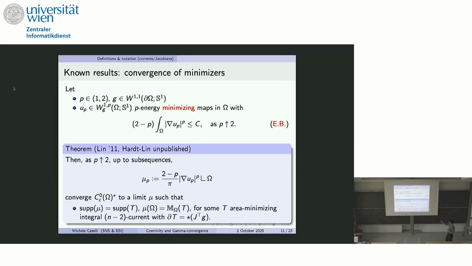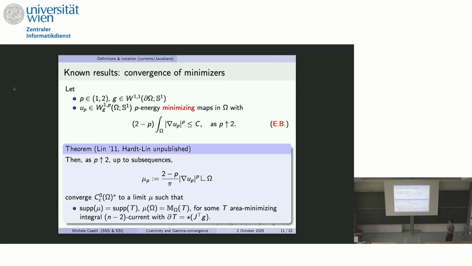Then the measures converge to a limit, and the important part is the structure of this limit. So the support of the limit is equal to the support of a current, and the mass of the limit measure is the mass of a current T, where T is the area minimizing n-2 current with boundary the Jacobian of g at the boundary. So the vortex charges of g at the boundary.